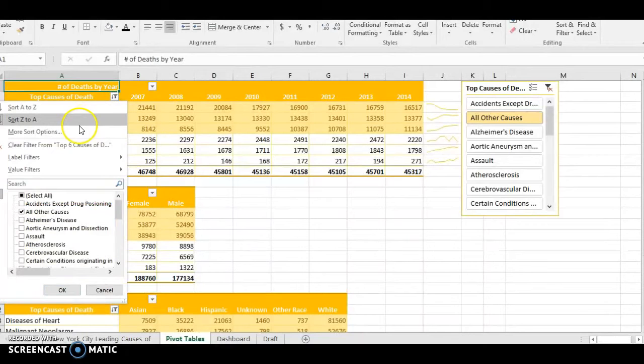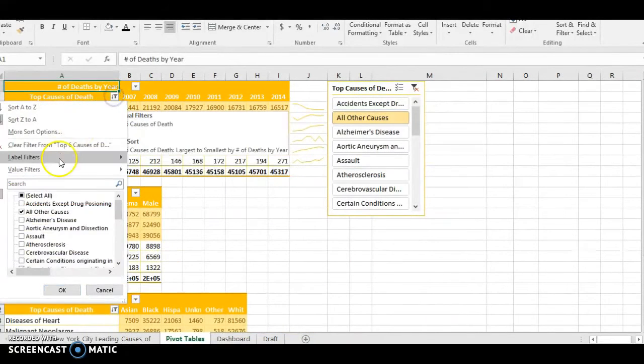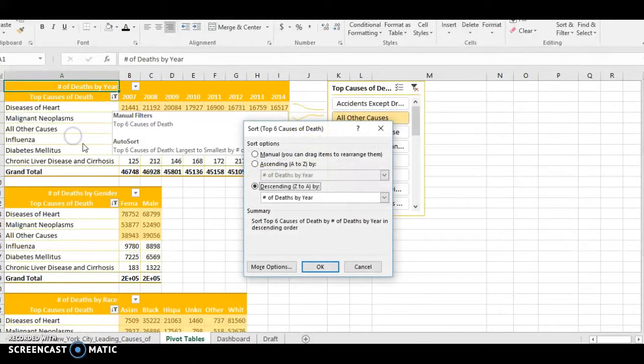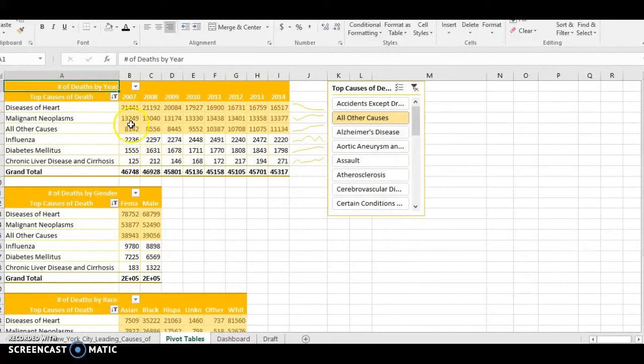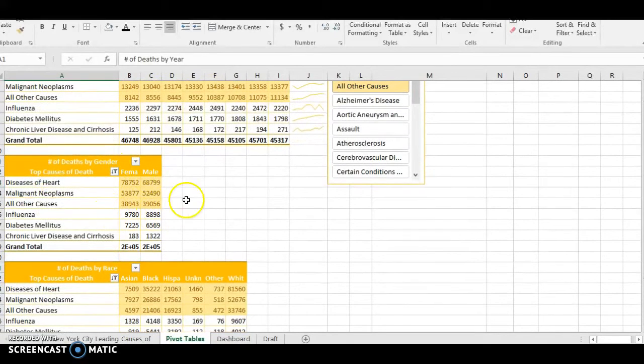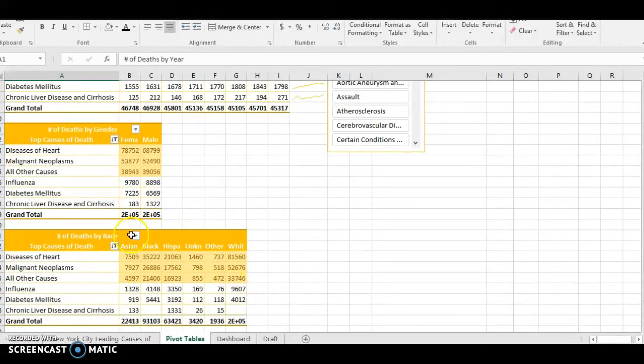So I sorted this pivot table based on the number of deaths by year, and the causes with the most deaths are on the top. And this one is the same thing, but it's by gender, and this one the same, but by race.